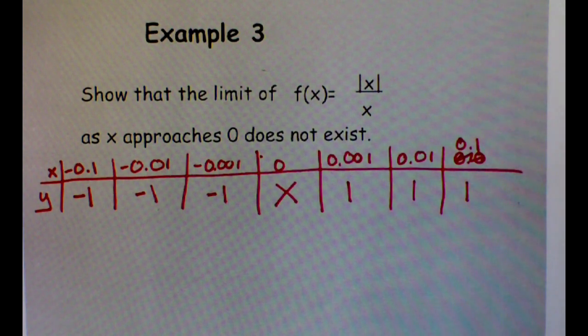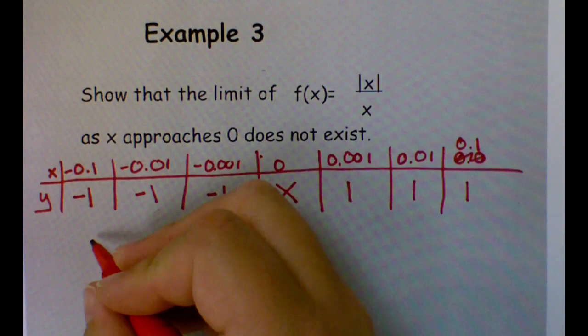As I come in from the left, I'm approaching negative 1. As I come in from the right, I'm approaching 1. Those two ends don't meet up. So this limit does not exist.